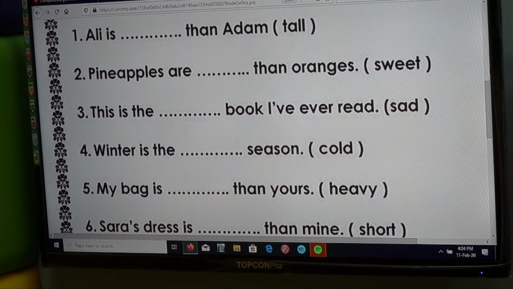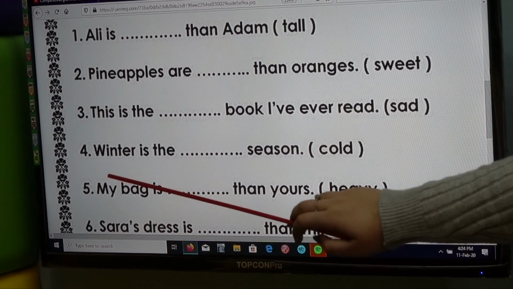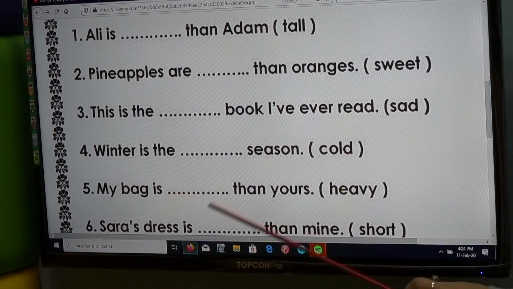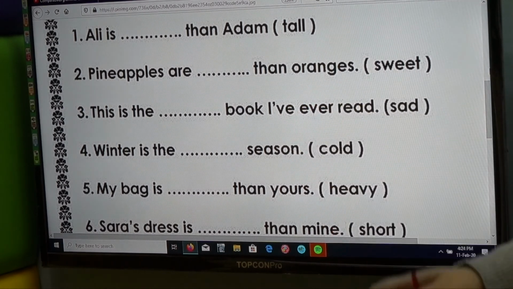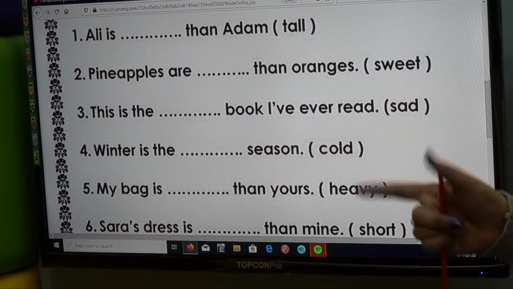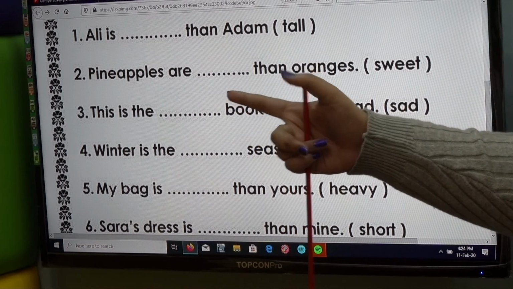Number 5. Your turn. My bag is what than yours? 5, 4, 3, 2, 1. All right. My bag is, okay, my, one person, my bag. Your bag, yours. How many persons are there? 2.